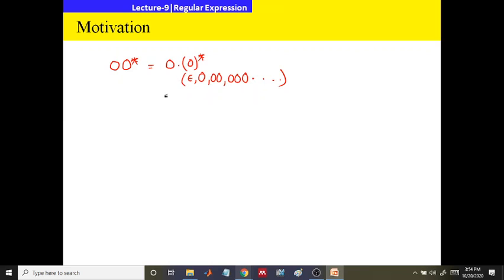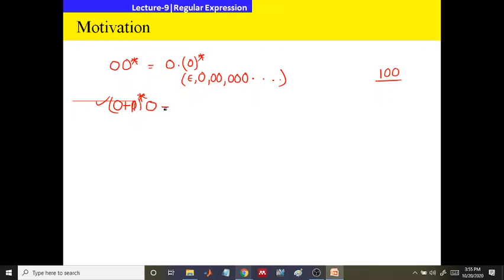Now if I want to represent all the binary strings that are divisible by 2, divisible by 2 means any combination of zeros and ones, (0 plus 1) star, which is terminated with 0. Let me check whether 100 is divisible by 2: yes, 100 means 4, and it is represented by this regular expression.